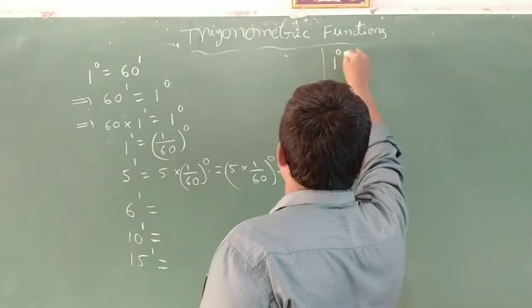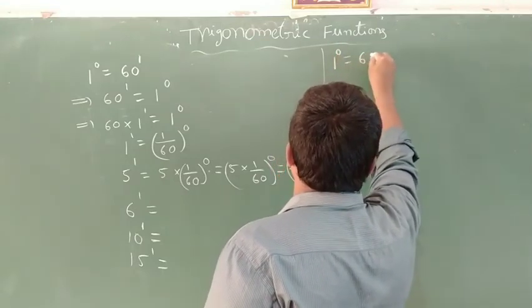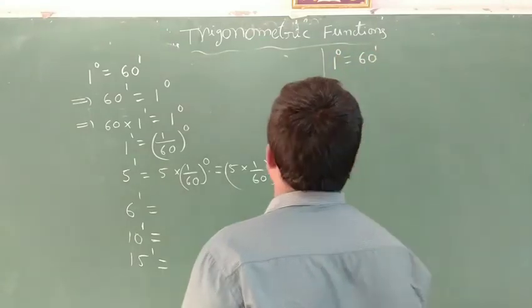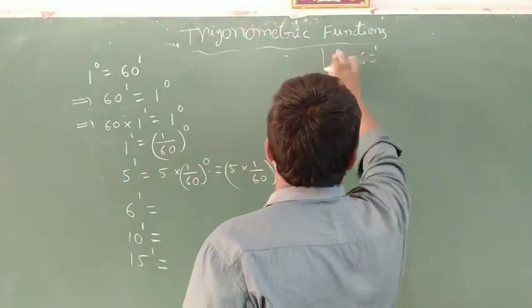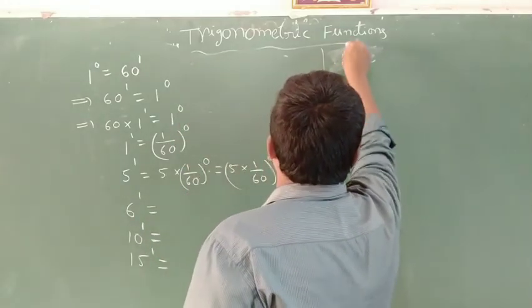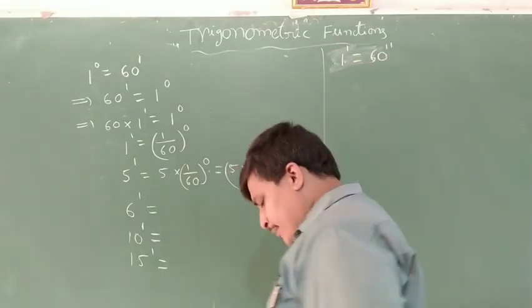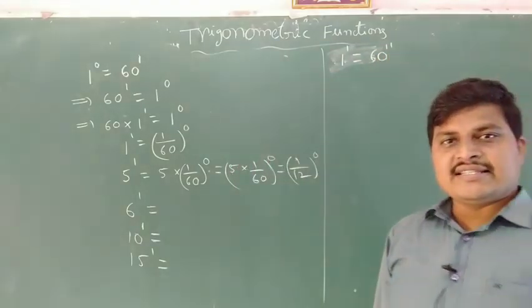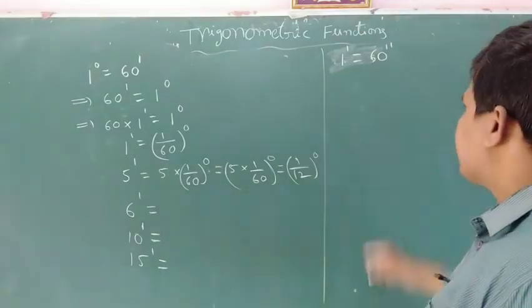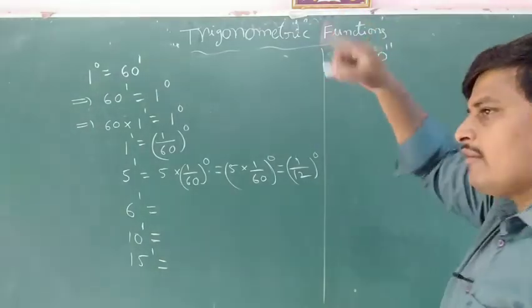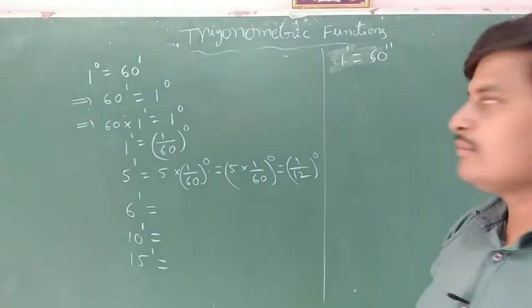1 degree is equal to 60 minutes. 1 minute is equal to 60 seconds. The second symbol is power 2 symbol.